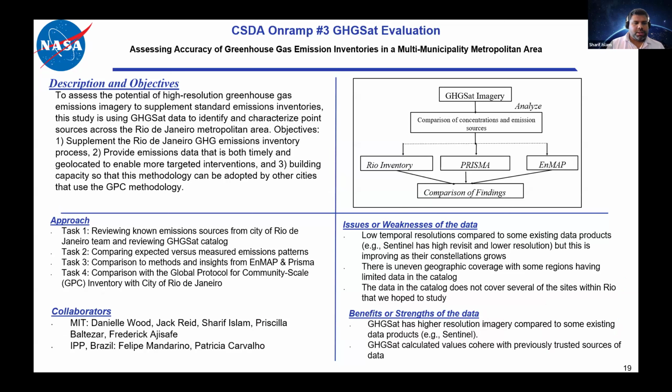If you look at these different parts, for example, here we mentioned the description and objectives. The main objective for this project was to help the city of Rio get an idea about how they can use satellite data to complement their way of calculating these emissions.